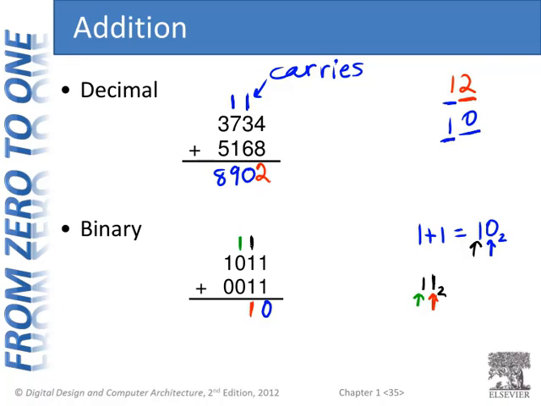Now we get 1 plus 0 plus 0. That's just 1. No carry out on that one. And 1 plus 0, also 1. And so we can do binary addition in a very similar way to what we do with decimal addition.